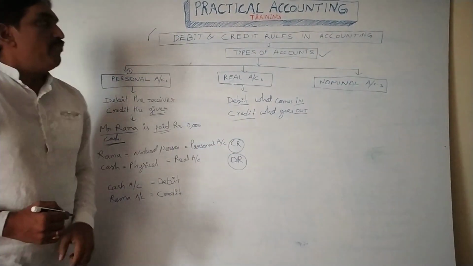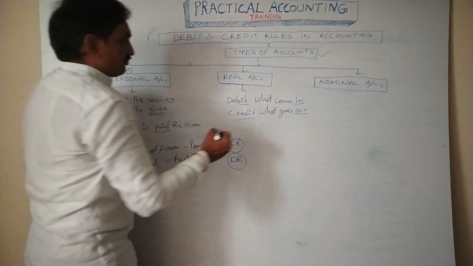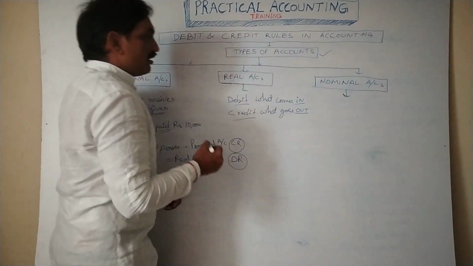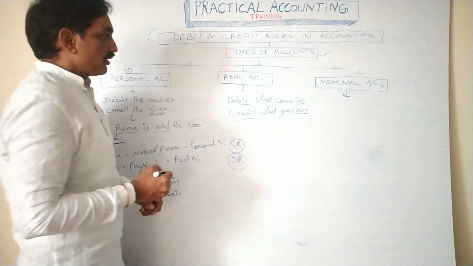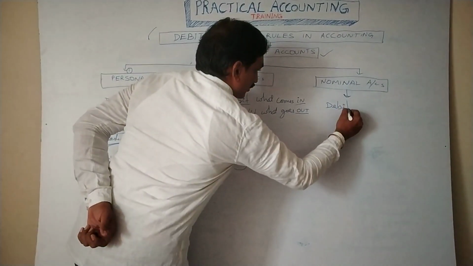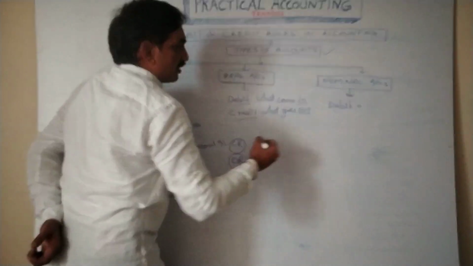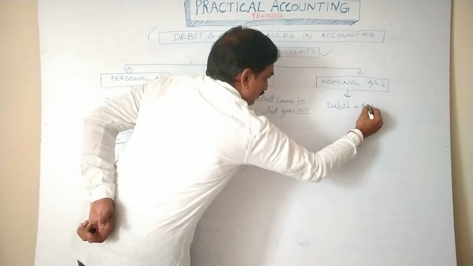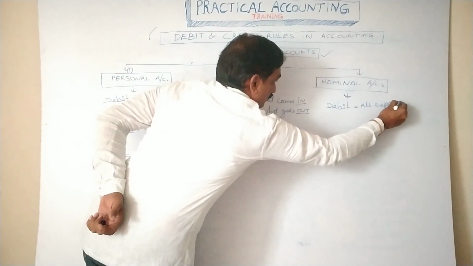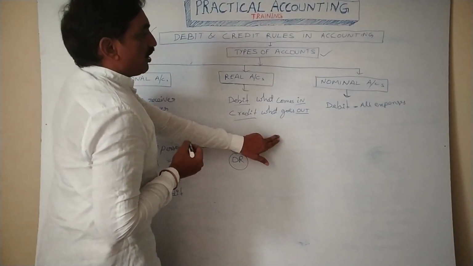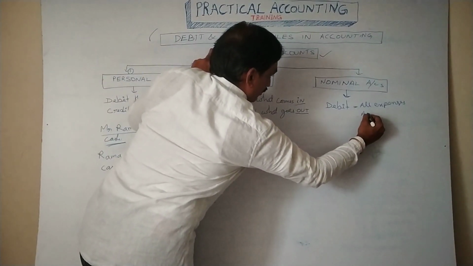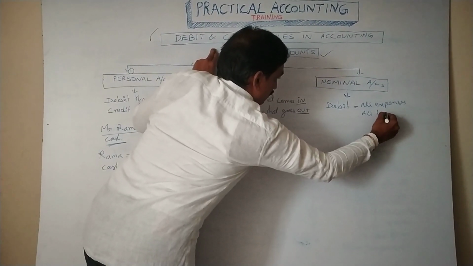So what about the nominal accounts? Let us see. What is the golden rule of accounting for nominal accounts? Debit all expenses. Debit all losses.